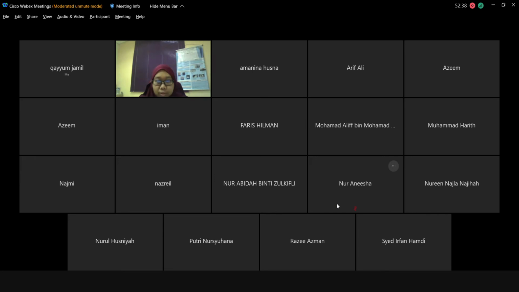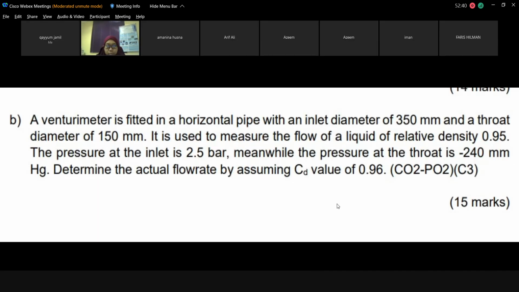Okay, now you can see the question. The question does not give a diagram and the marks are bigger, 15 marks. Okay, you can try this one.